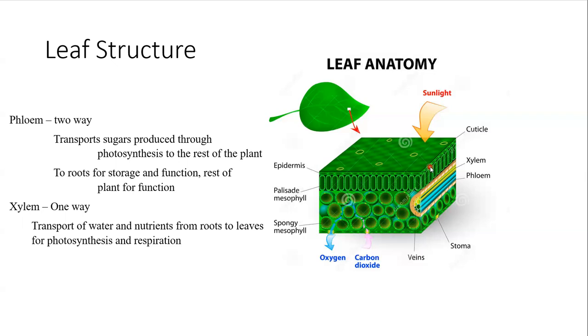The reality of it, a couple layers up from that, but not quite to PhD level, the reality of it is that phloem, right? Those phloem tubes carry glucose throughout the plant for all sorts of different plant processes. It also sends it down to the roots for storage and function.